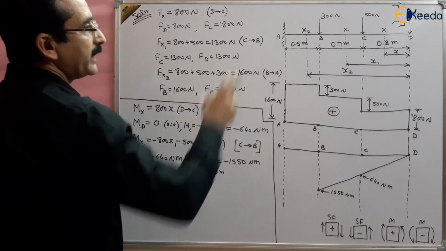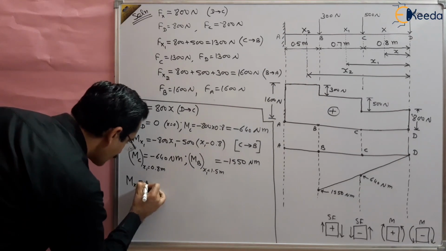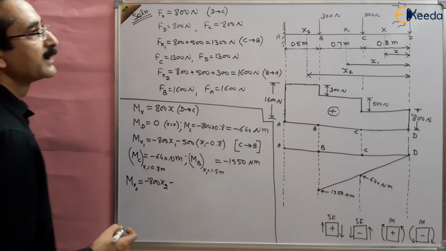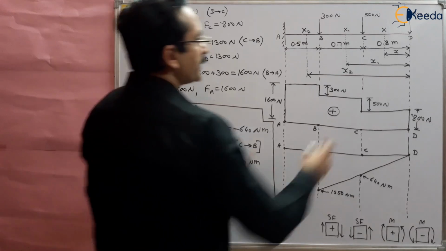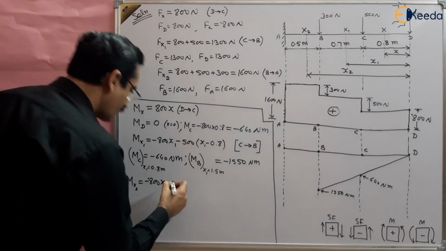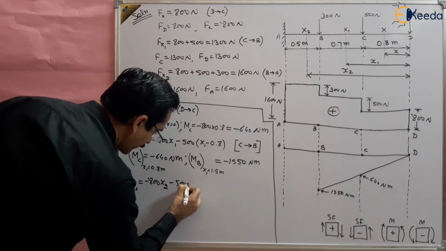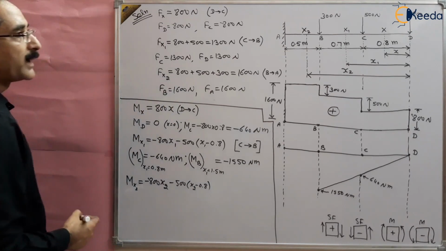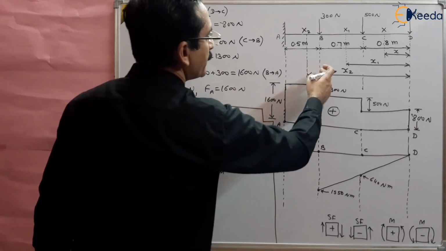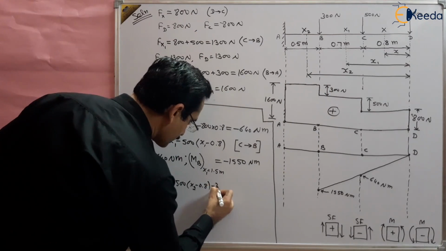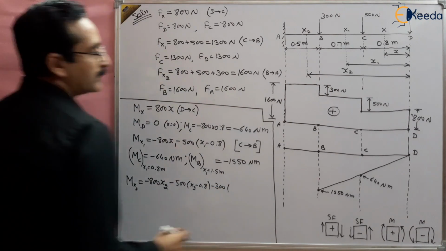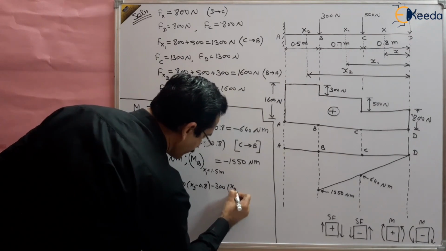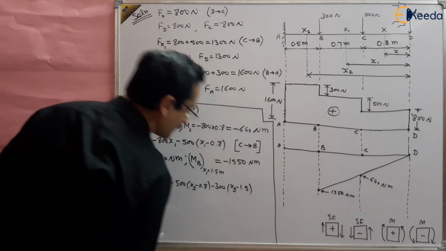What is Mx2? 800 multiplied by x2, 800 x2 minus 500 multiplied by (x2 minus 0.8), minus 300 multiplied by (x2 minus 1.5), right?